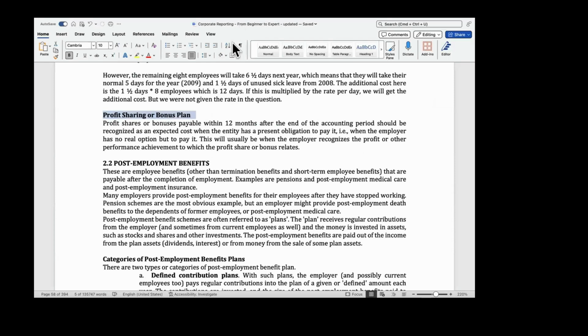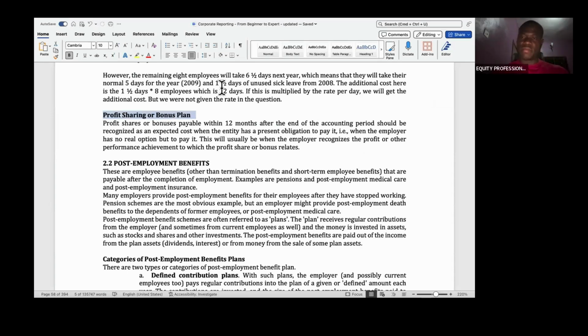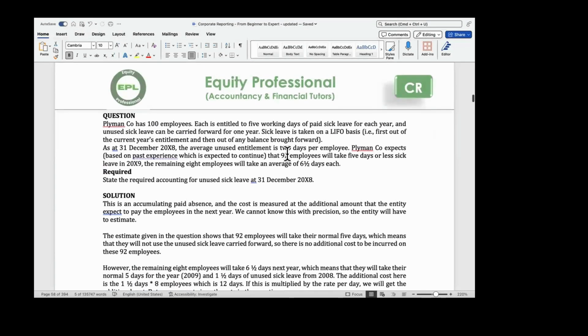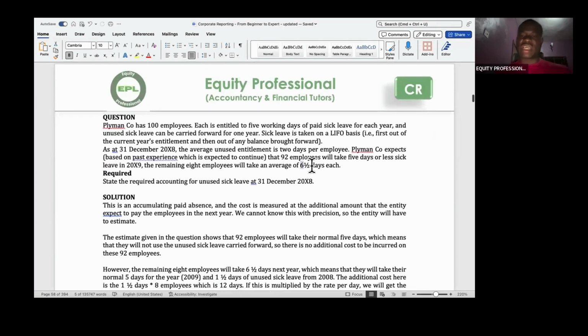Sorry, how did we arrive at 1.5 days? I missed that. Okay. So we have 6.5 days. 8 employees will take 6.5 days. Remember, each year they are entitled to 5 days.